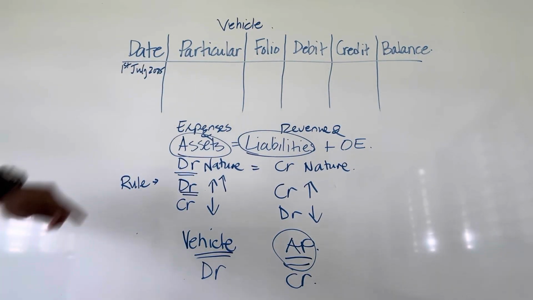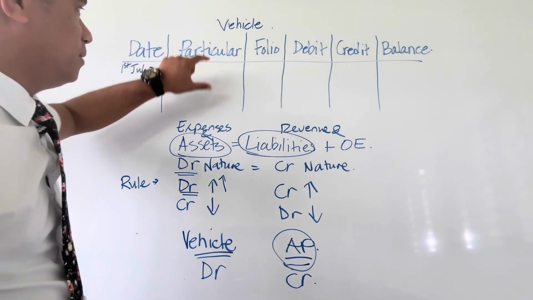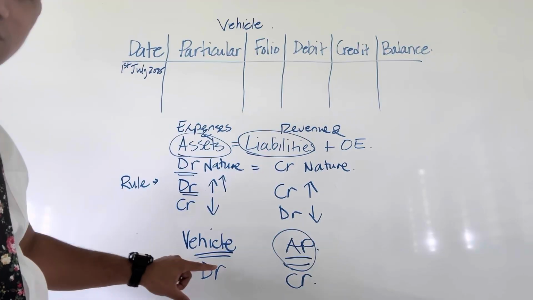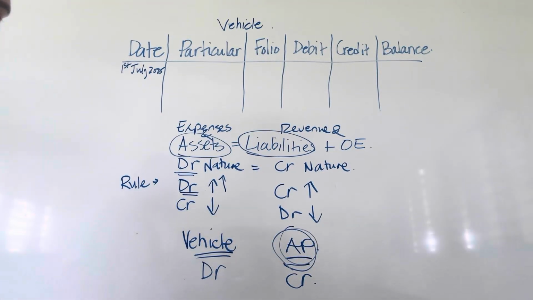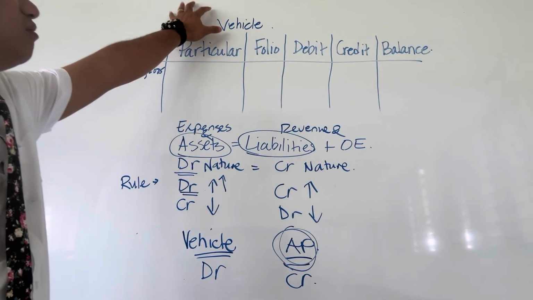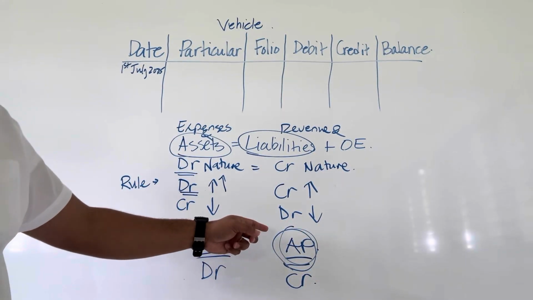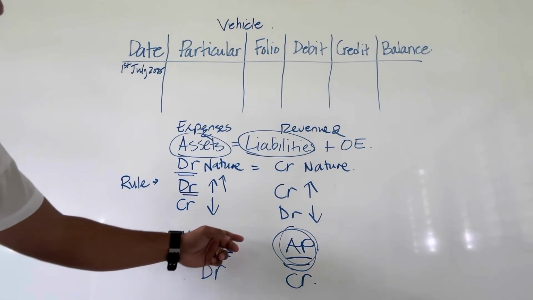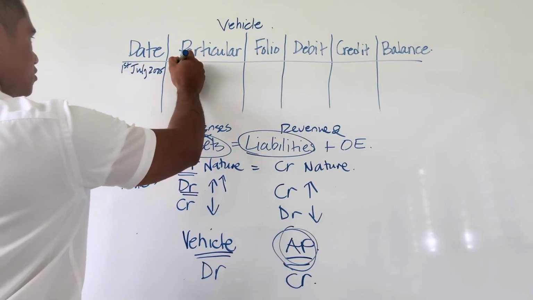Then for the particulars in the vehicle ledger, we write the other account involved in this transaction, which is accounts payable.